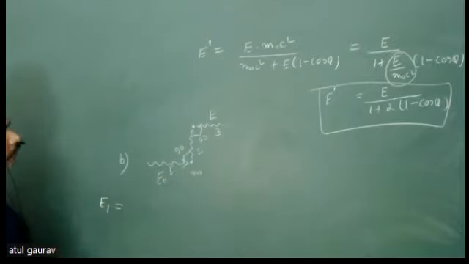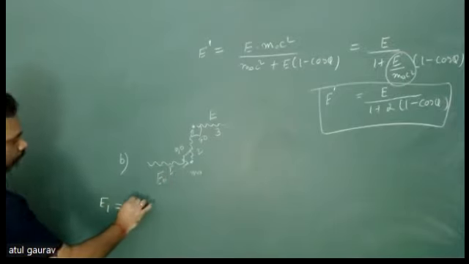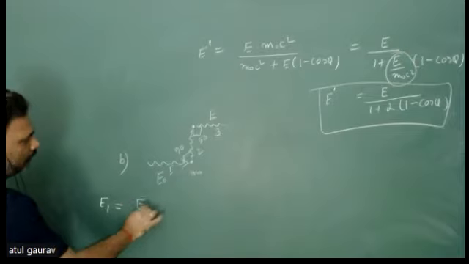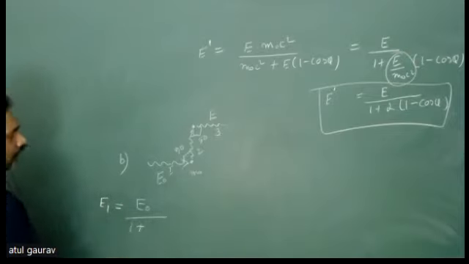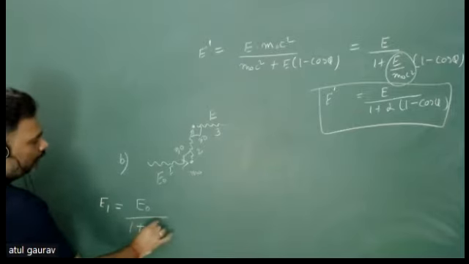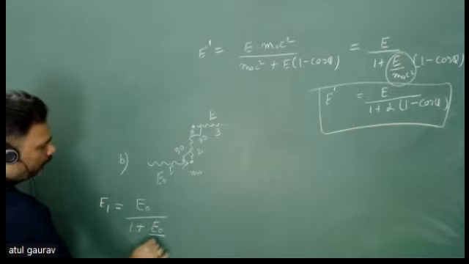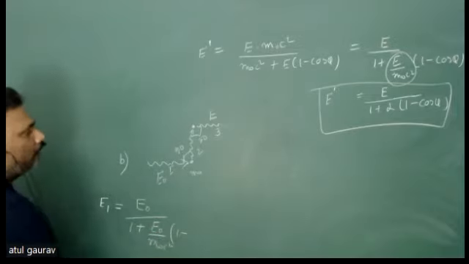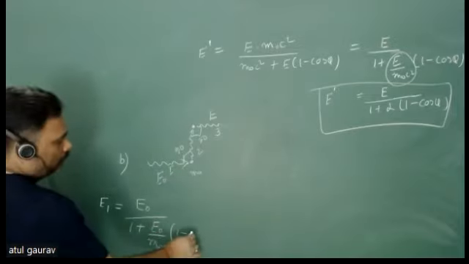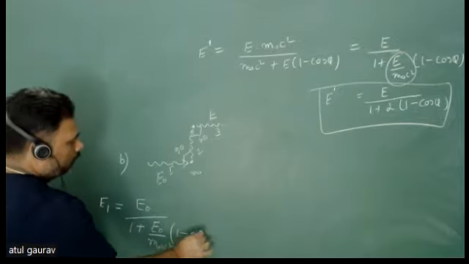Tell me from this formula. E0 is the incoming energy, divided by 1 plus E0 by M0 C square times 1 minus cos phi, and what is the value of phi? 90 degrees. So this value is 0.